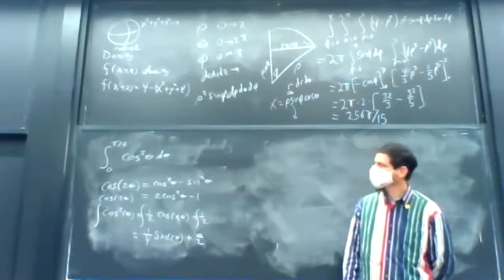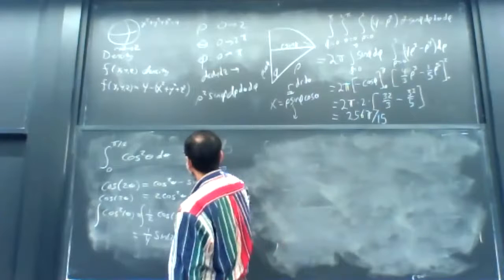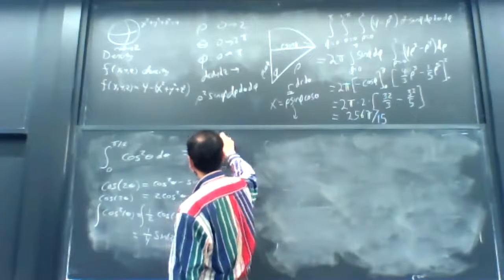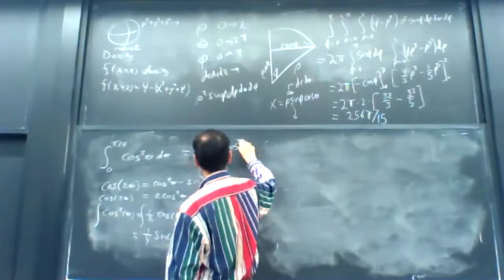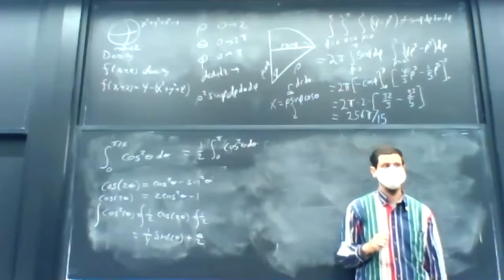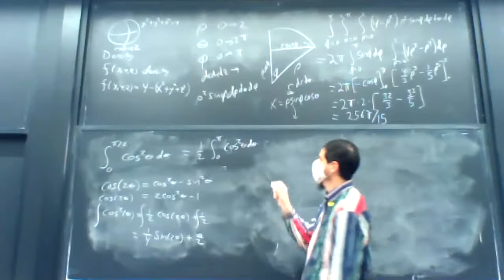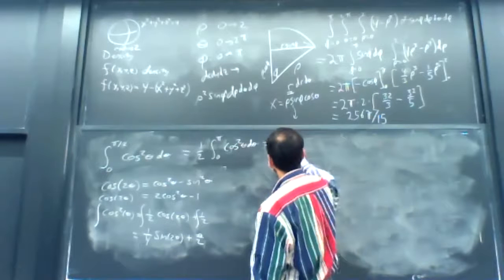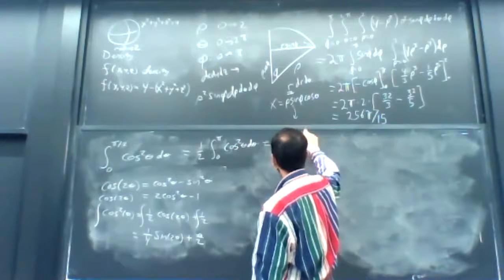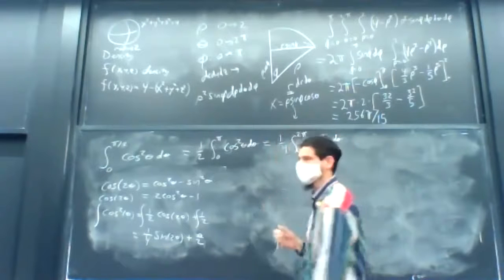When I'm integrating cosine squared from 0 to pi over 4, do you agree that that's just the same as 1/2 the integral from 0 to pi over 2 of cosine squared theta d theta? Does that seem reasonable? And is that then the same as 1/4 the integral from 0 to pi of cosine squared theta d theta?